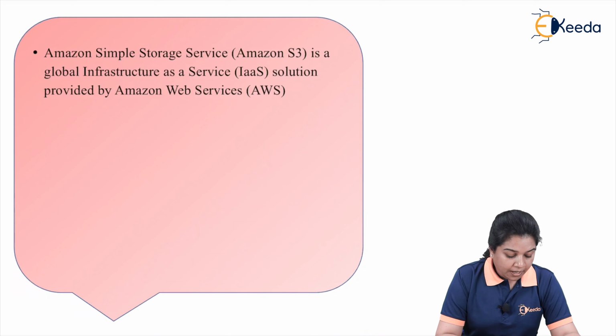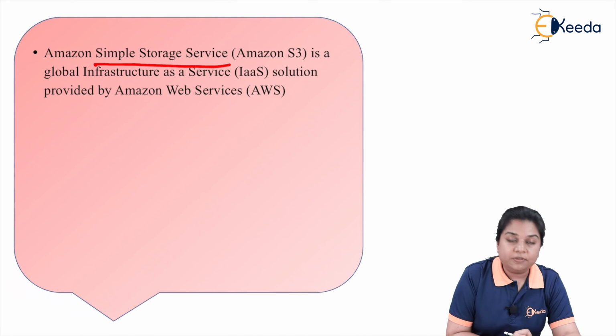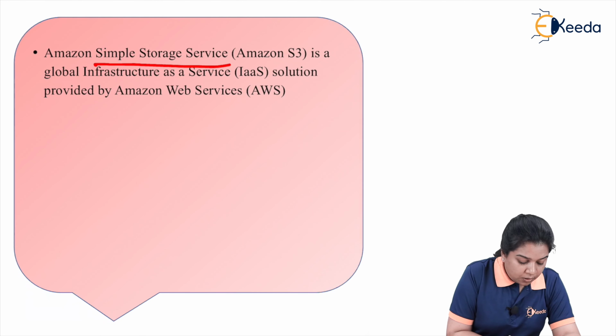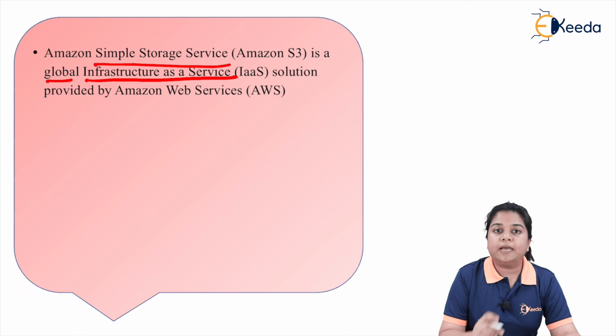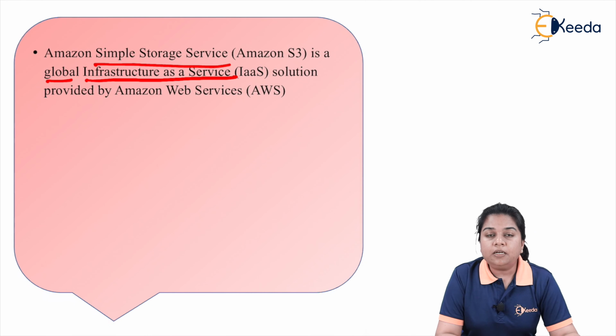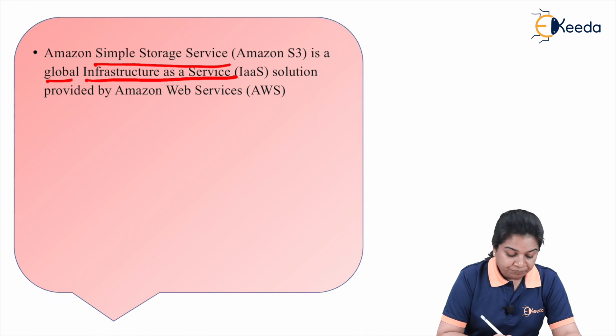Amazon S3, that is Simple Storage Services. What is it? Amazon Simple Storage Service S3 is a global infrastructure as a service. That means it comes in the infrastructure layer of the service model of cloud computing services.